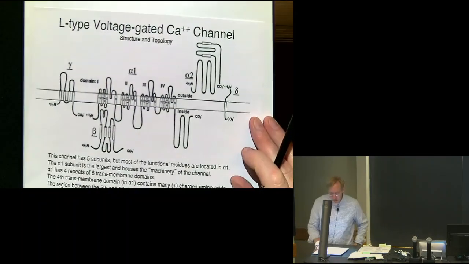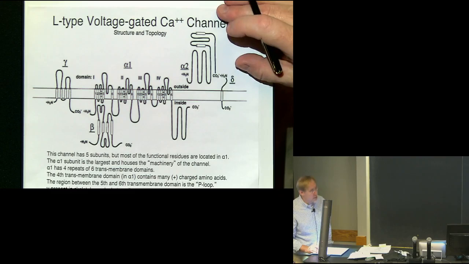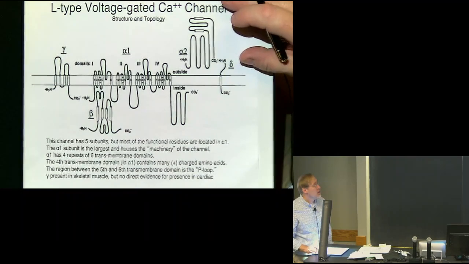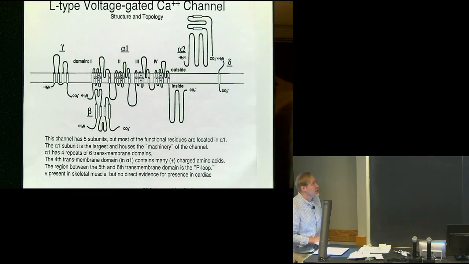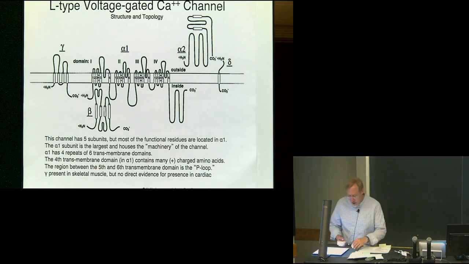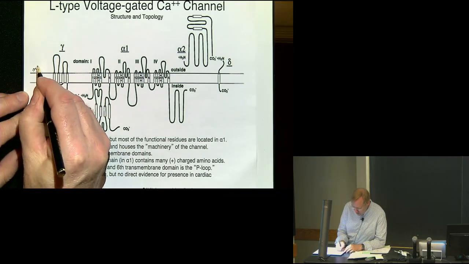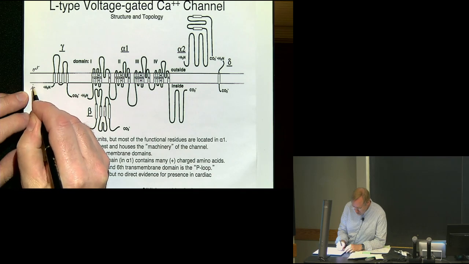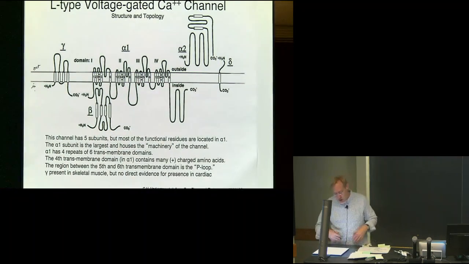Okay. So what was known about the actual L-type voltage-gated calcium ion channel? And that's shown here, sort of a cartoon. Again, here's the cell membrane. Here's sort of the outside and the inside, the cytoplasm. You can see these are transmembrane spanning proteins.